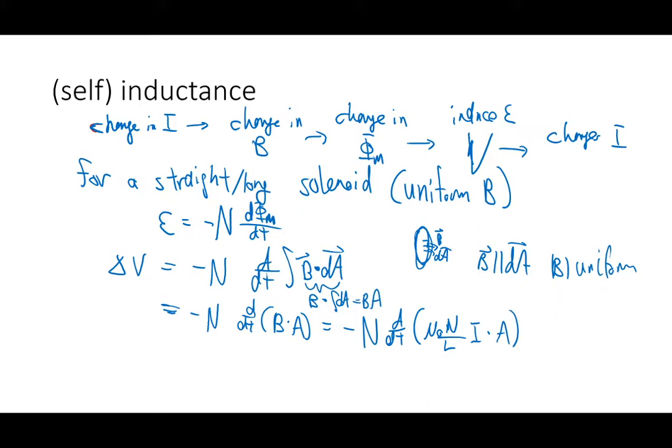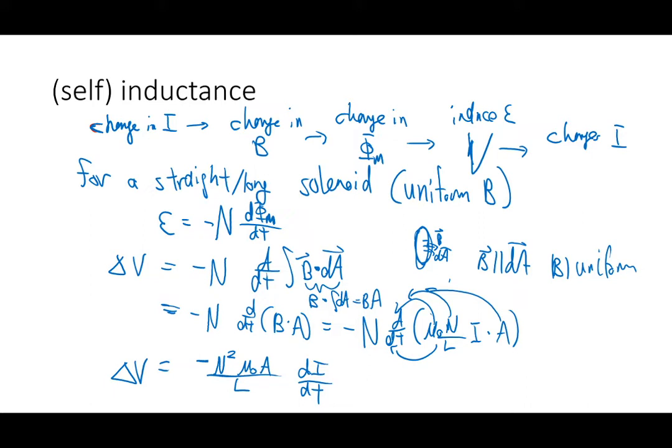Now, which one of these actually changes with time? Well, mu naught's going to change? Mu naught is not changing with time. N doesn't change with time. L doesn't change with time. And the area is fixed, right? So then you are left with that particular expression.